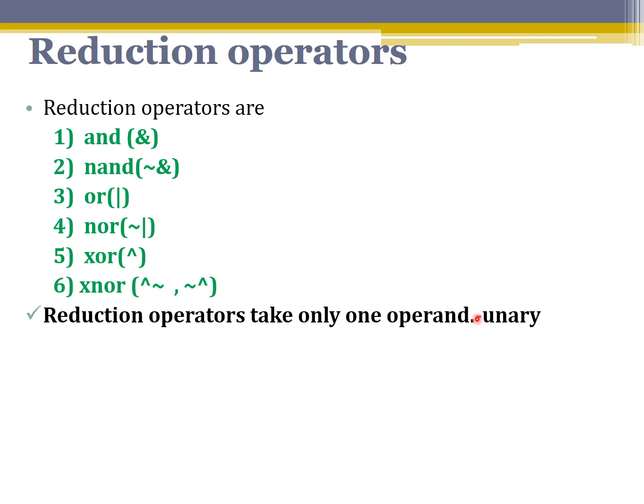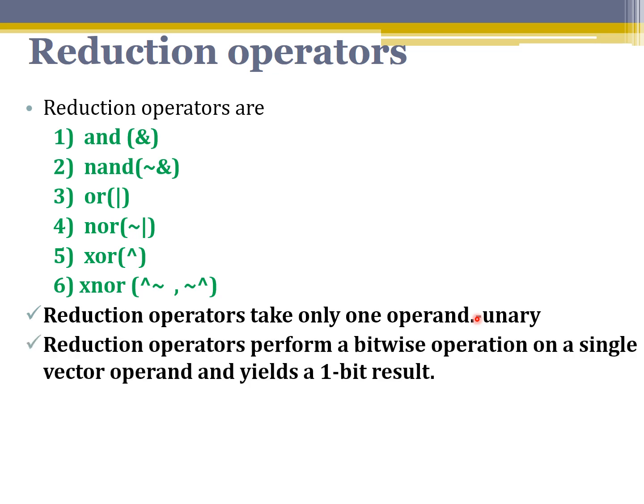Those operations are performed. So reduction operators perform a bitwise operation, but on a single vector operand. It should be multiple bits, and it will do the AND operation of all the bits, and finally the answer is just a one-bit result. But in a bitwise operator, the final result will be equal to the size of the larger operand.